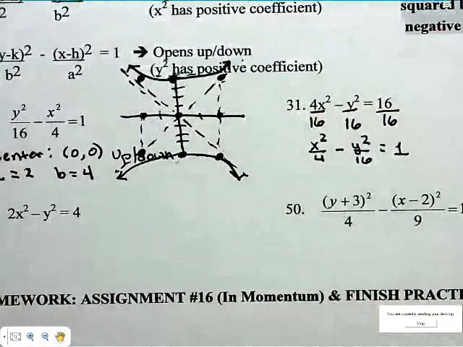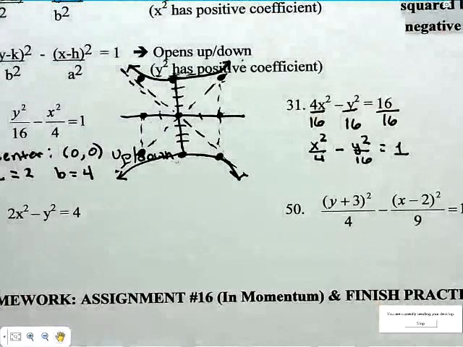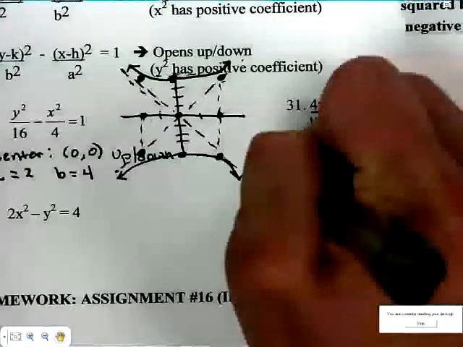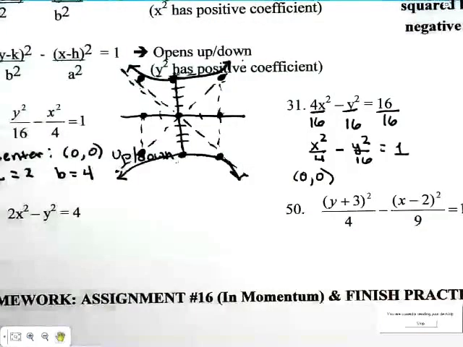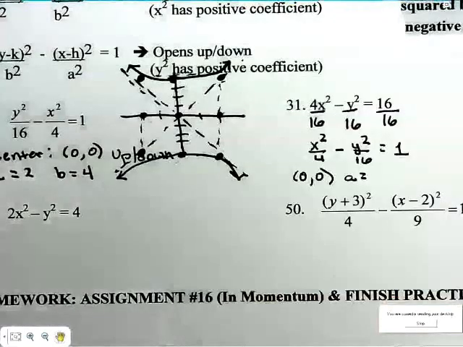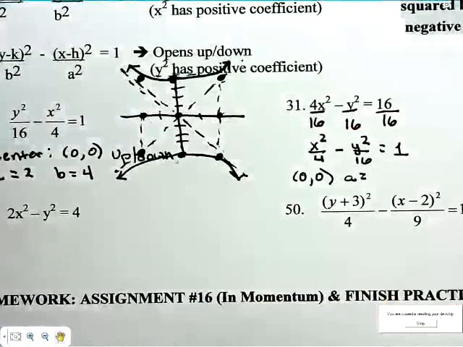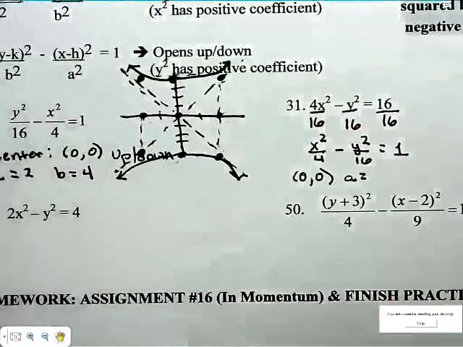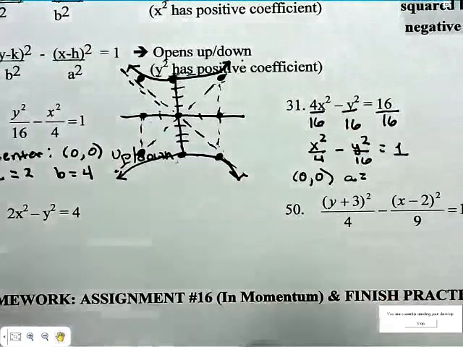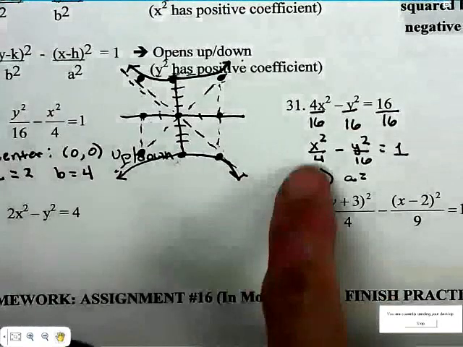So what is the center of this hyperbola? Yep. 0, 0, because there's no horizontal and vertical shift. A is the square root of whatever's under the x's. A is always under the x's. So the square root of 4 is 2.